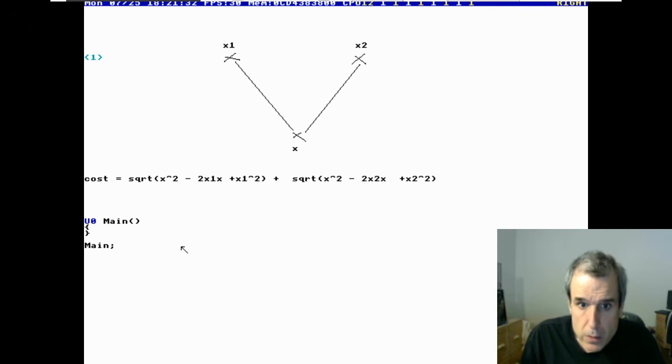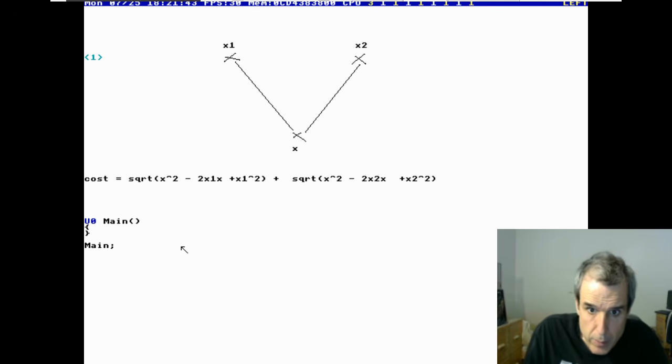Okay. So square root x squared x1 x. Why am I doing? Oh, we got a y in here, don't we? I was wondering why I was in that situation.